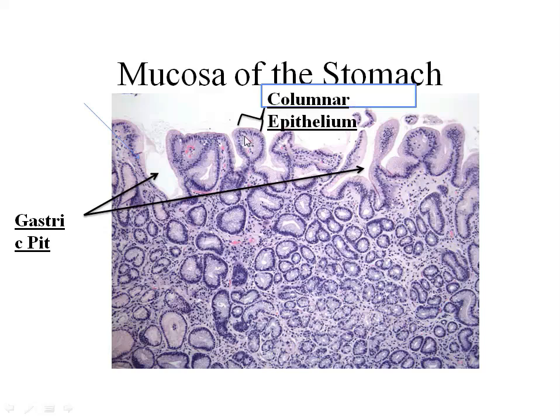So the epithelial cells are now like columns, and these folds form the gastric pits. The folds are very large, which forms the gaps, which is not evident in the esophagus. In the esophagus, we have seen the papillae of lamina propria, but there is no gap between the two papillae.